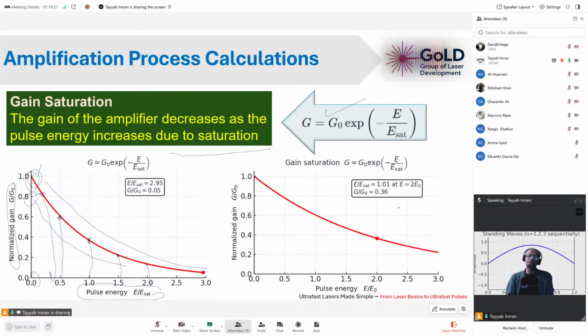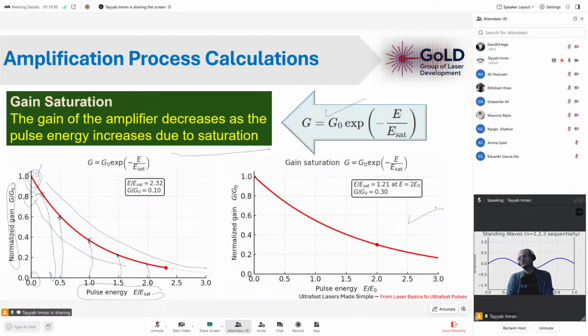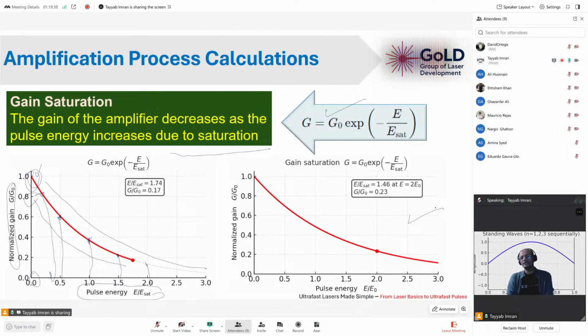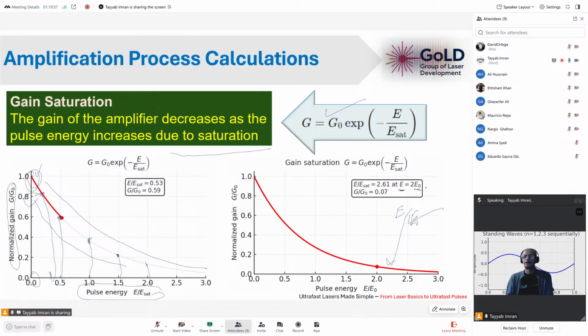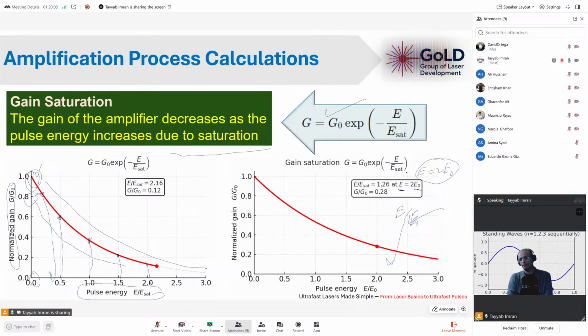And on this side, pulse energy and normalized gain, but some factors are fixed here. That is E is equal to 2 E naught, and E naught is the initial energy. E is the output energy here. So the ratio E over E naught is 2, twice the input energy.